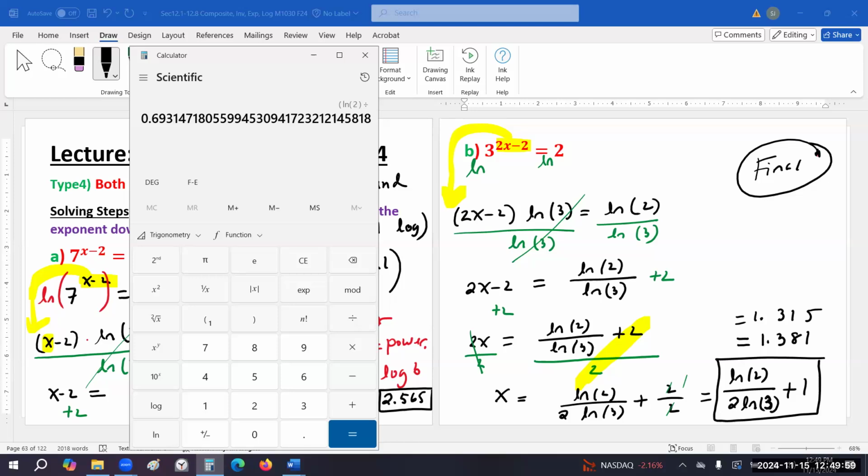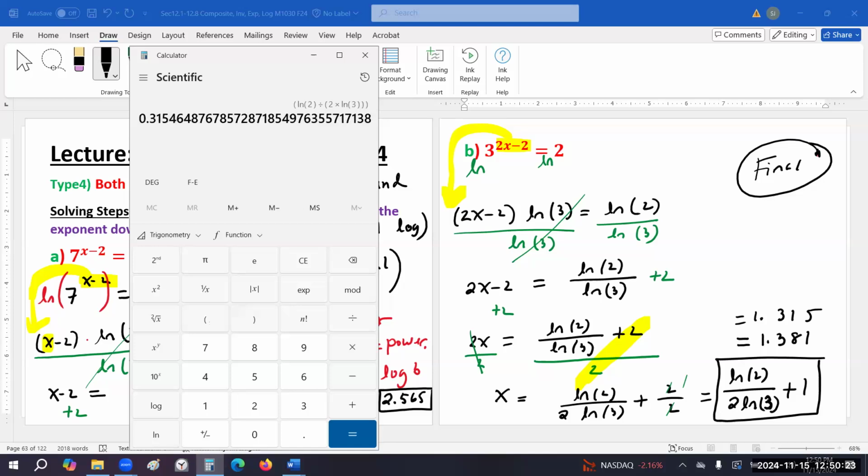But if you have a scientific calculator like mine, then you cannot put 2 times ln of 3. If you want to put 2 times, you need another set of parentheses to work with. So our denominator has 2 terms, so I have to put another parentheses. 2 times ln of 3.